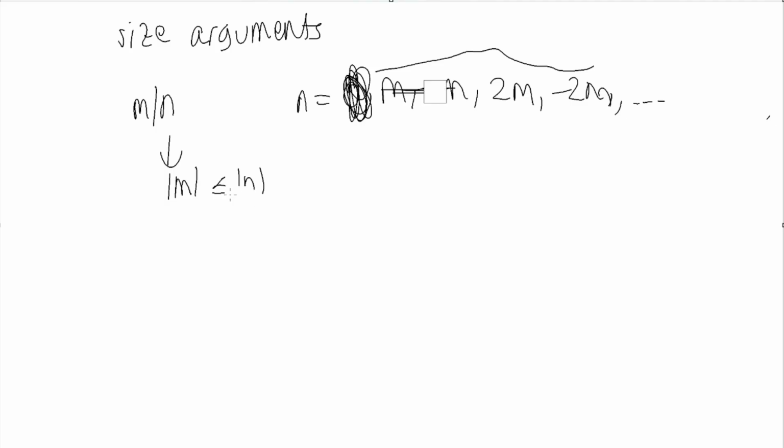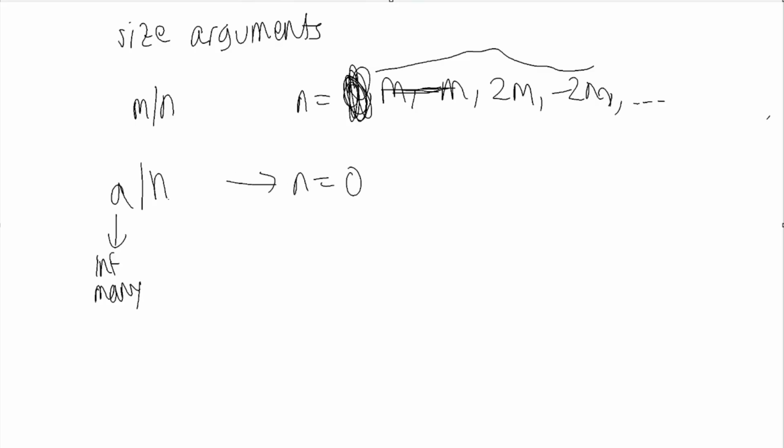So that's one idea. The other idea is that if a divides n for infinitely many a, then that means that n is equal to 0. And how come this is true? Well, if n is not 0, suppose that n is 49 or something like that, then there's going to be some number among the infinitely many a that is greater than 49, and that will give a contradiction according to this.